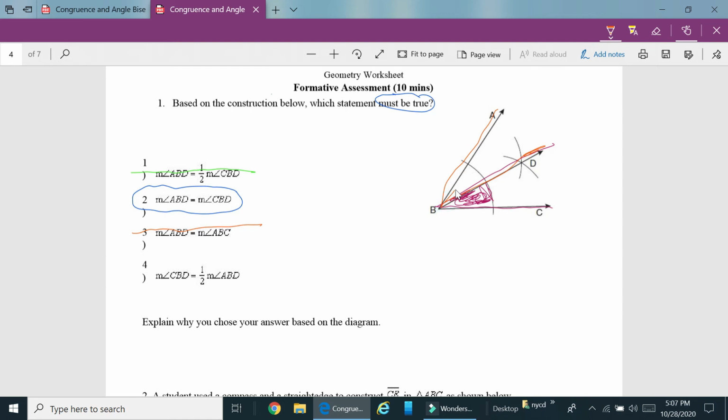And what that's saying is it's half of the angle here. Is that equal? I said no. So the only answer choice is 2. Okay, and it says choose why. Explain why you chose your answer based on the diagram.